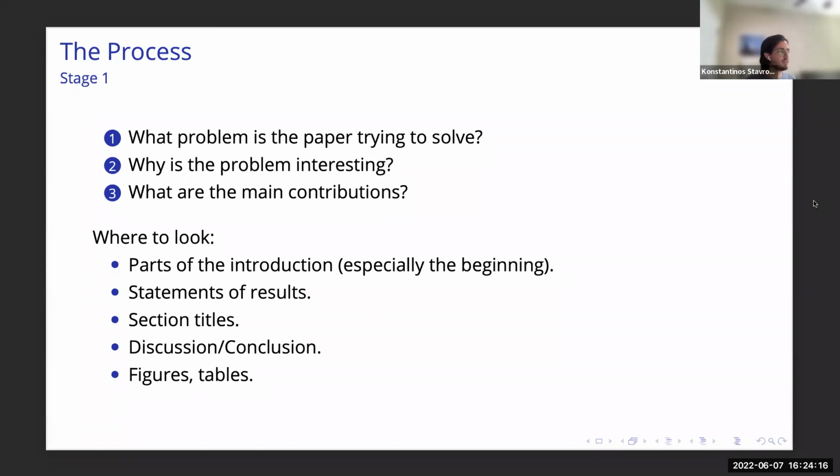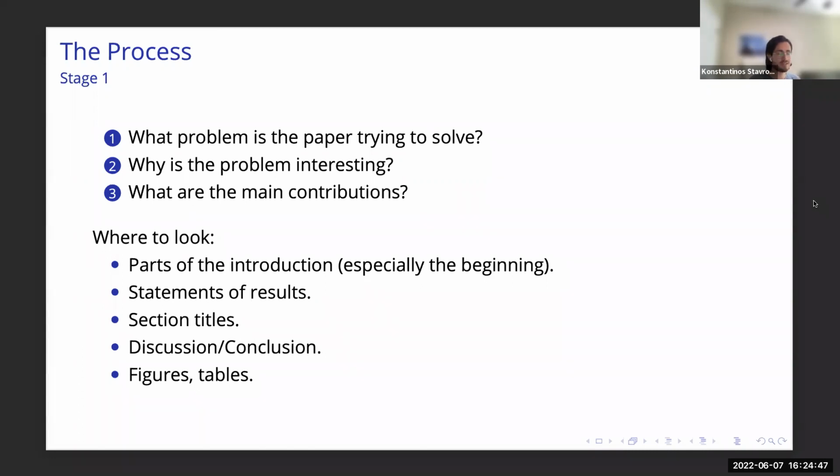paragraphs of the introduction, and then try to scan through the text and find the theorem statements, or key phrases like the main result is this, or the main question that we try to answer is this. And also sometimes it's very helpful if there are any figures or tables or anything fancy.